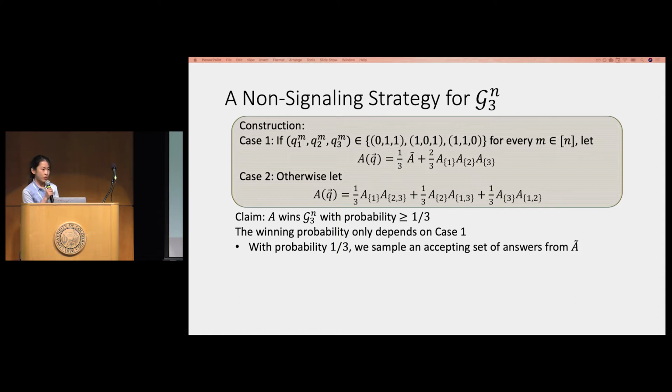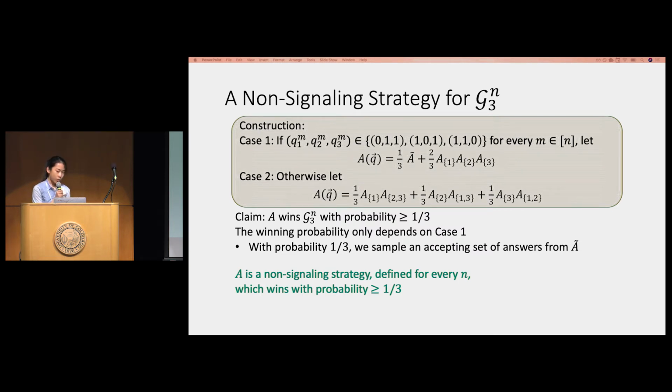And with probability 1/3, we're sampling from this very good distribution, A tilde, which always outputs accepting answers. So all in all, we have a non-signaling strategy A, which is defined for every n and wins with probability at least 1/3.